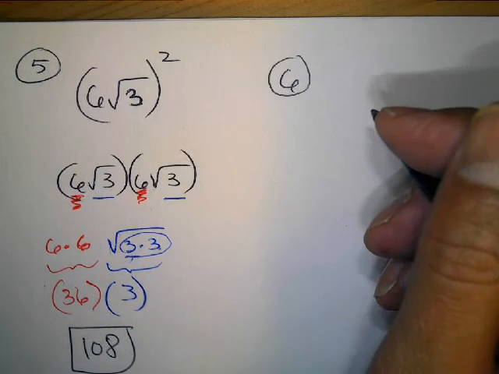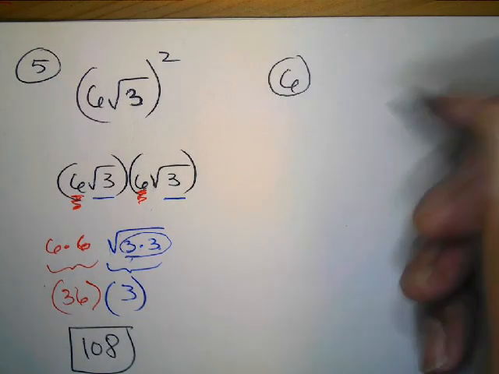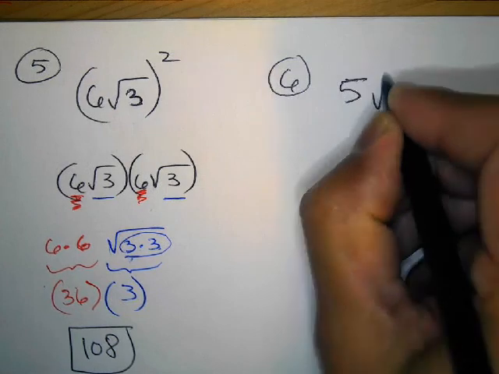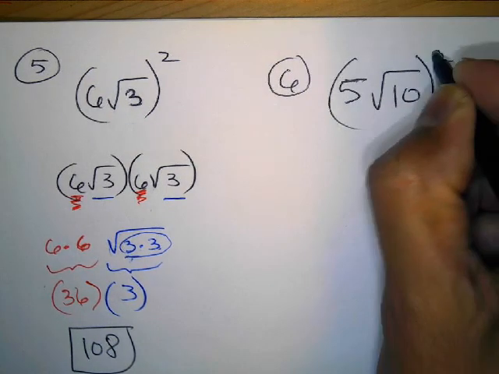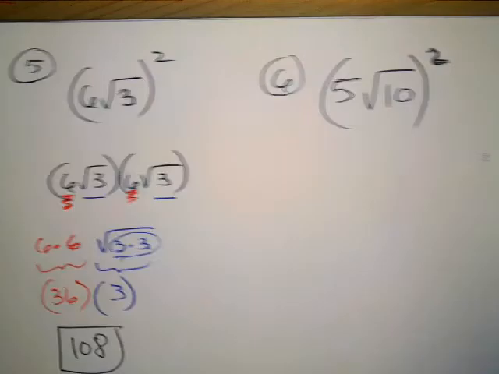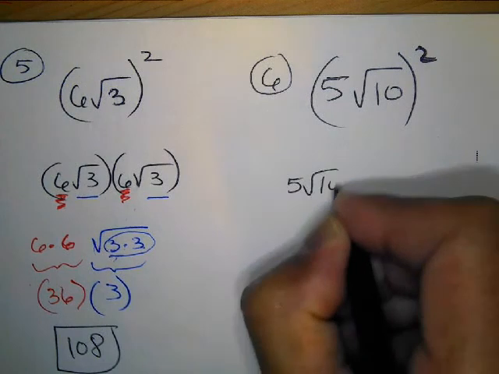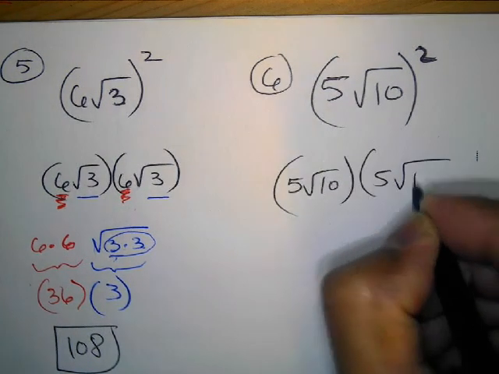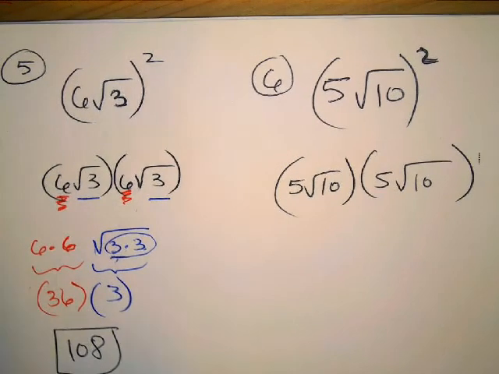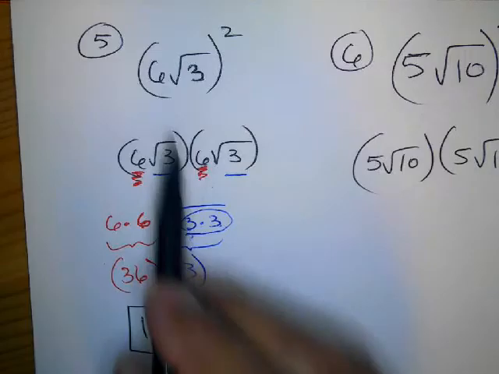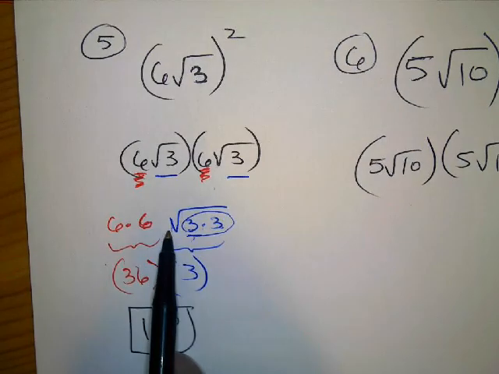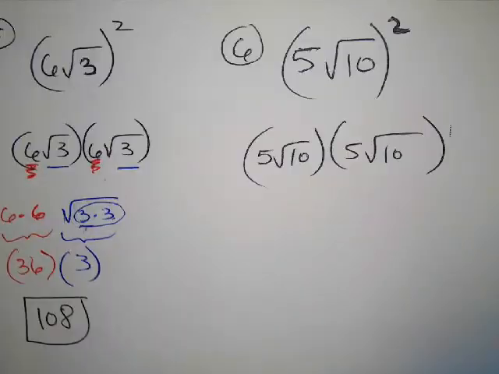Okay, I'll just do another one real quick. Just watch the steps. Last one, number 6. What if I have 5 root 10, but I got to square that? Well, I already know that's 5 root 10 times another 5 root 10. Please write it down.